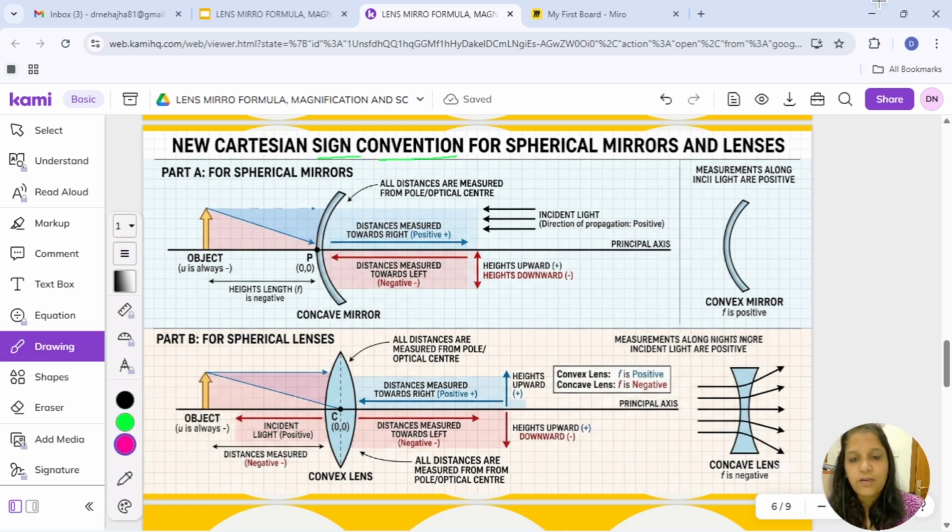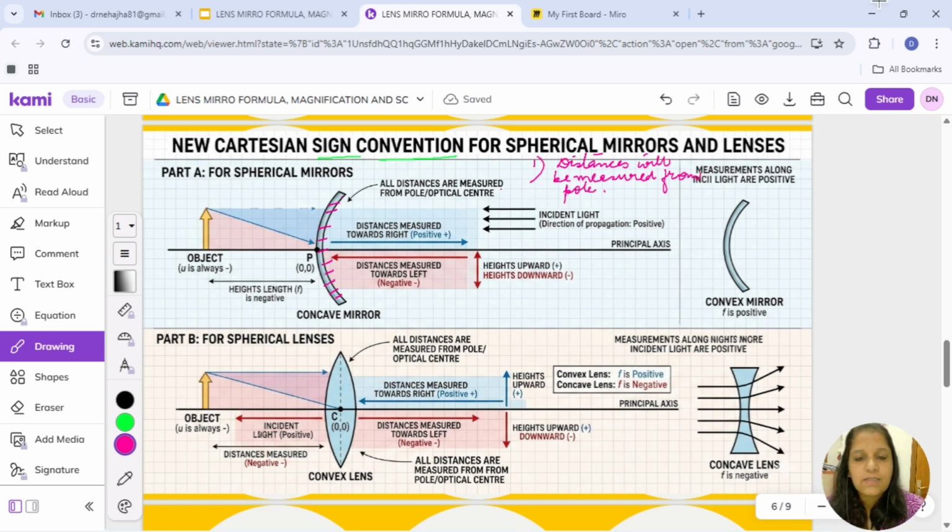Now see here, this is the mirror, right? This is the concave mirror. Now all distances, the first rule is that all distances are going to be measured from the pole. Distances will always be measured from the pole.